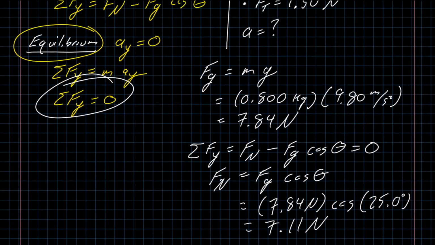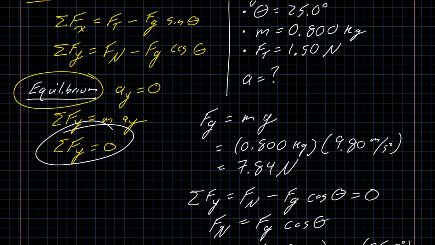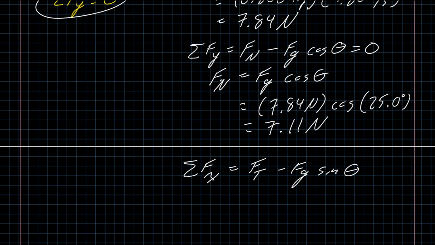Remember that our tension was given to us. If I scroll back up here, it's 1.50 newtons. Force of gravity we calculated earlier, it's still 7.84 newtons, and theta is still 25 degrees.